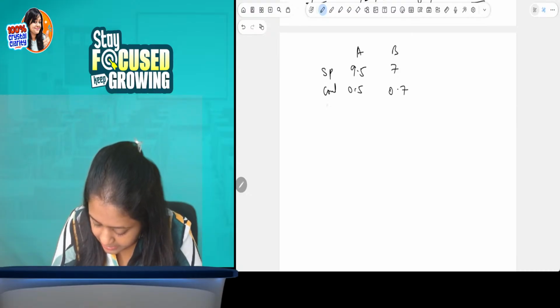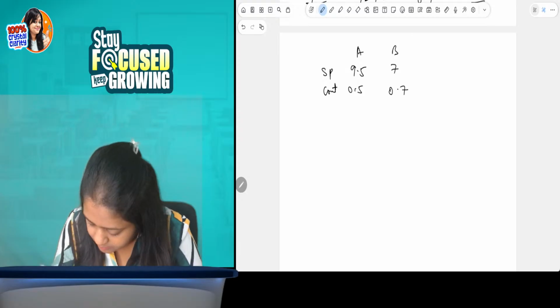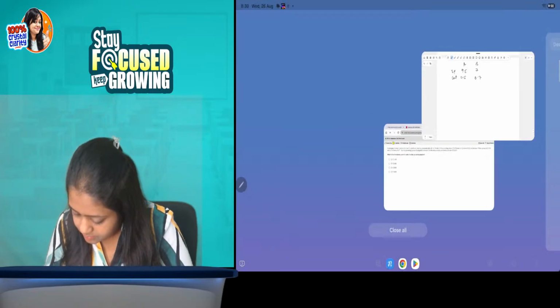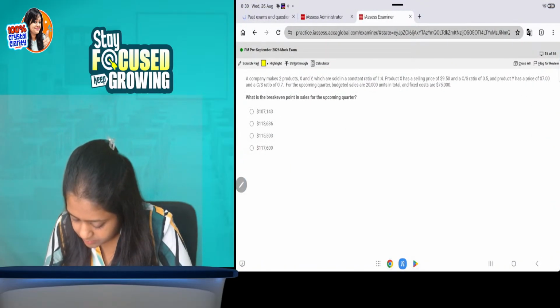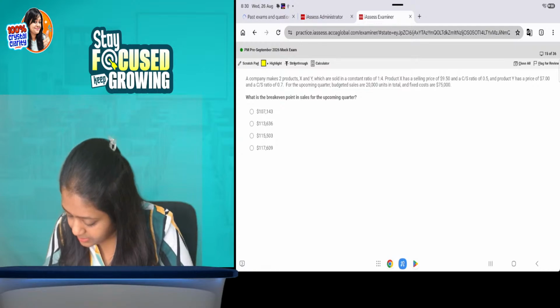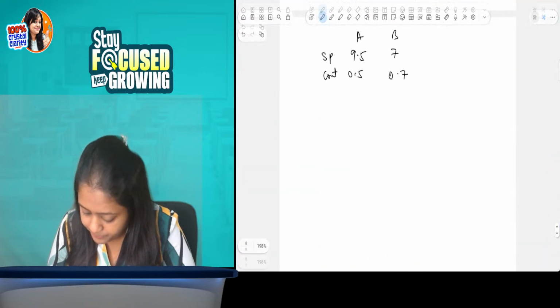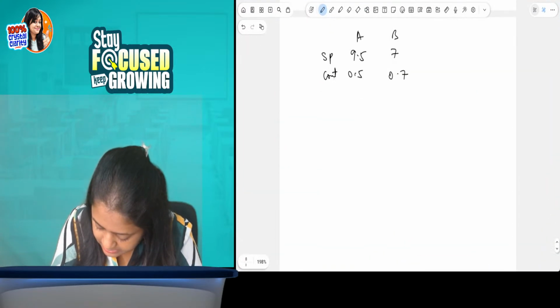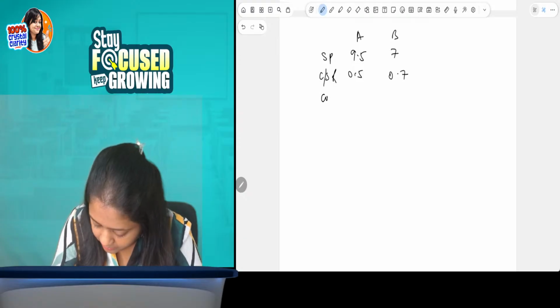So the selling price is given to you, and the CS ratio is given to you. Okay, this is not contribution, this is the CS ratio. Now let's calculate contribution.